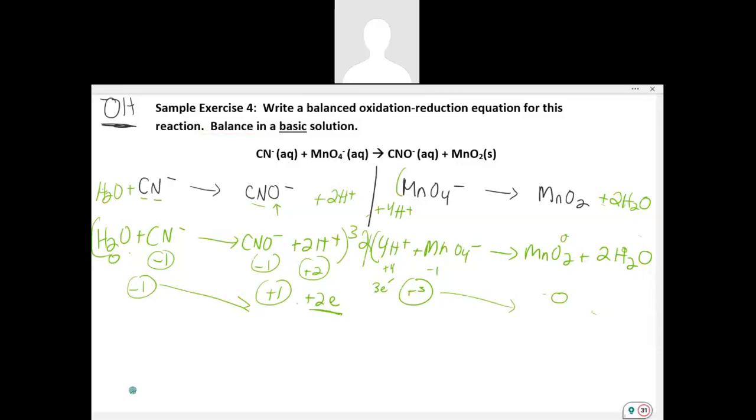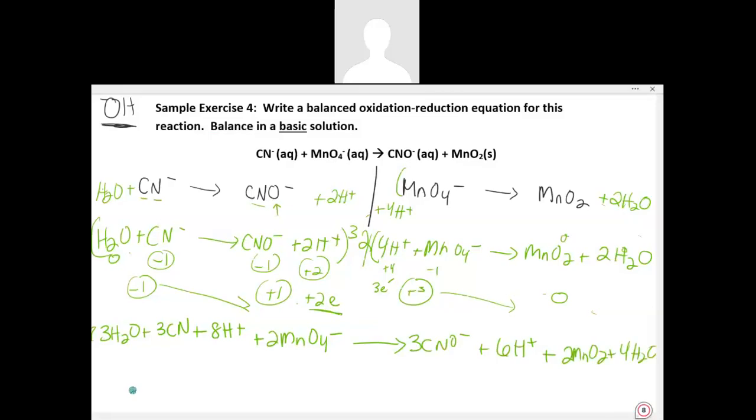So at our next step here, we're going to have 3 H2O plus 3 CN negative, and then we're going to have 8 H plus and 2 MnO4 negative. On the product side, I'm going to have 3 CNO negative plus 6 H plus. And then from the other half reaction with manganese, I'm going to have 2 MnO2 plus 4 H2O. Okay, so we're getting closer.